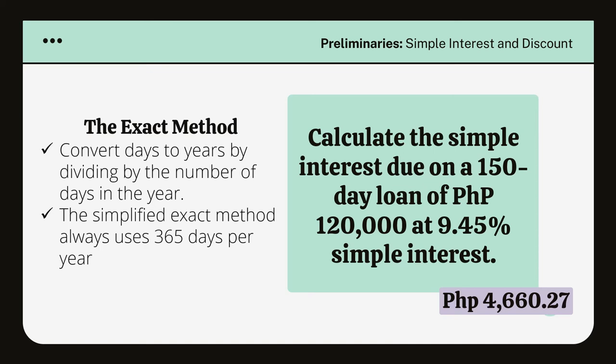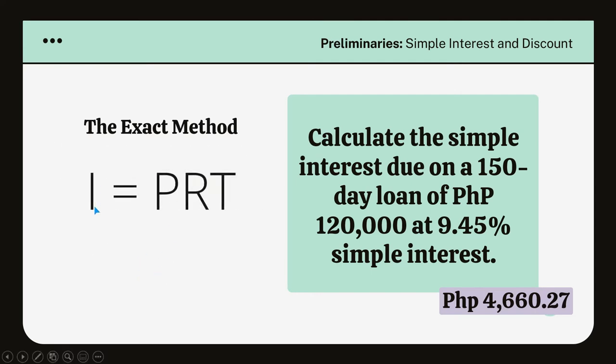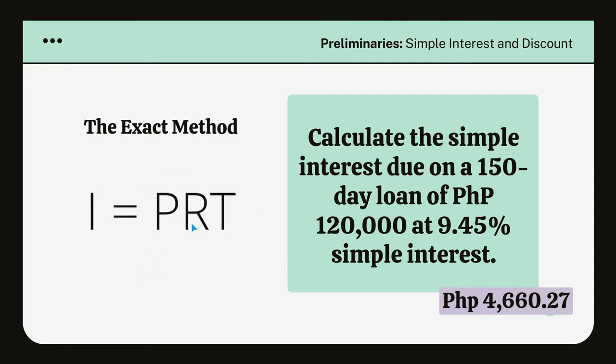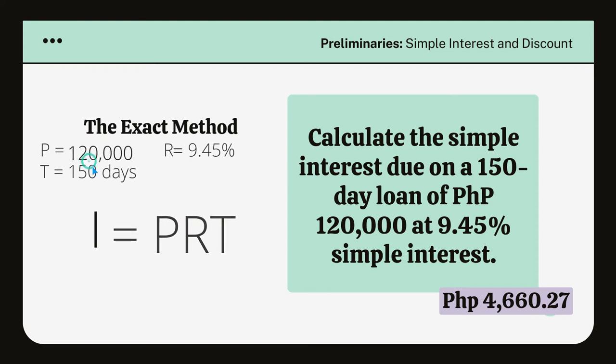Okay, there's actually two methods, and the first one is called the exact method because in exact method, we're always going to use 365. So afterwards, you're just going to plug in the values into the I equals PRT, and we're done. Okay, so there we go.